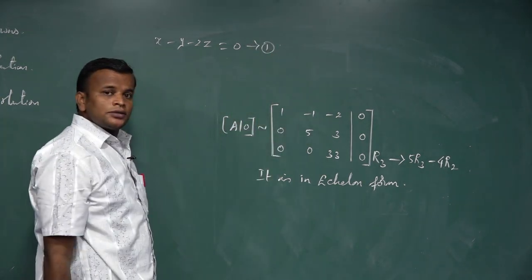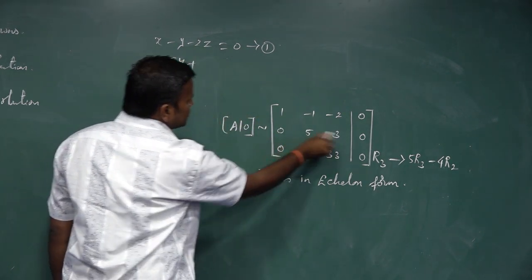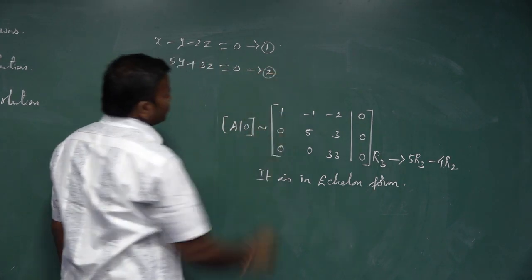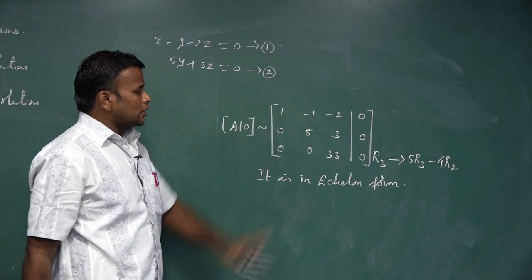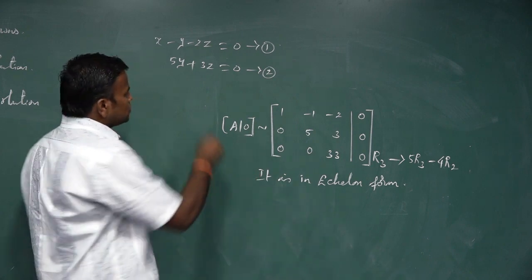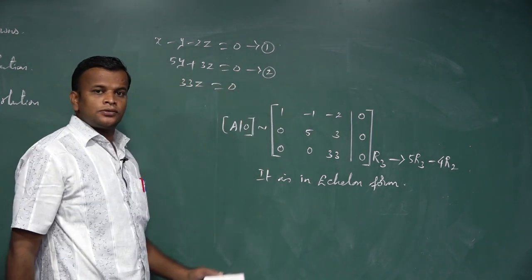What is the second equation? 5y plus 3z is equal to 0. What is the third equation? 0, 0, 33z. So 33z is equal to the RHS, 0.